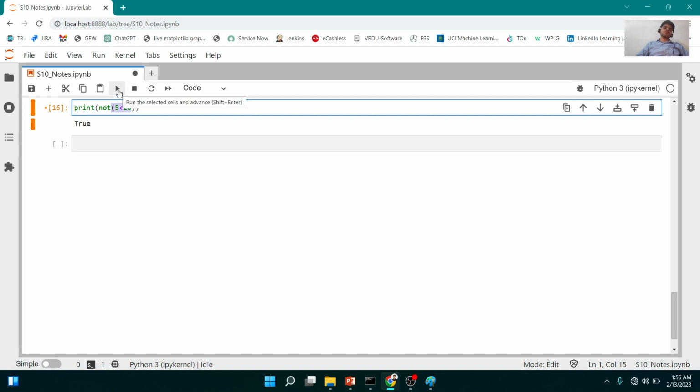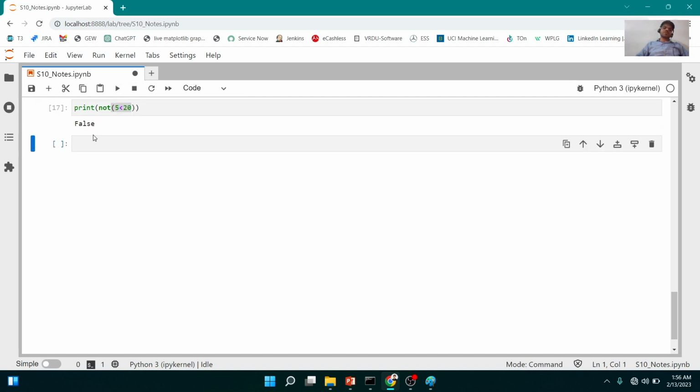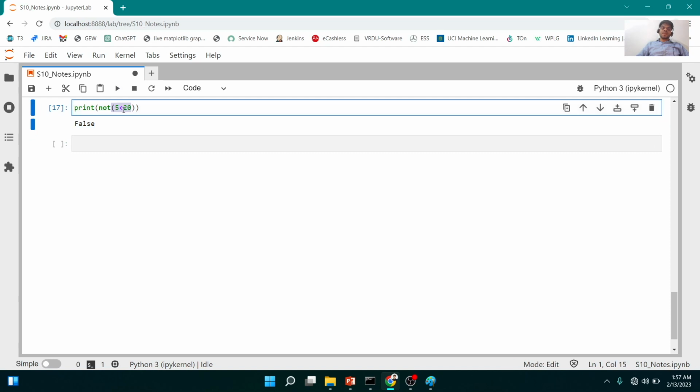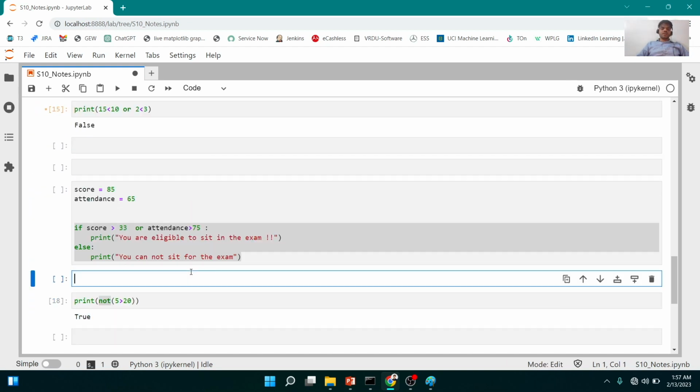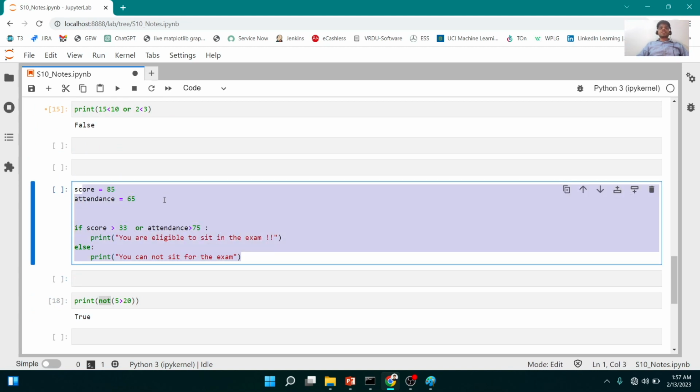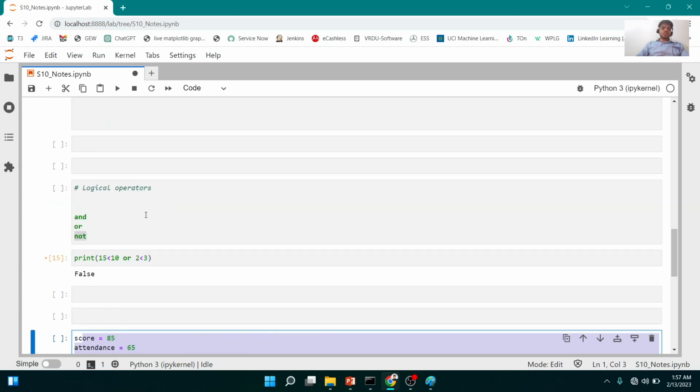If it's false, it's going to become true. If I run this, you see it becomes false. But if I make this condition false, then since this is false and I'm putting it in not, you see the decision has been inverted, right? So that's what happens here. All right. So that's about the logical operators.